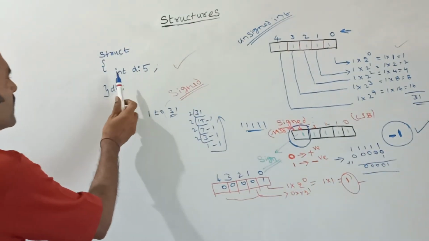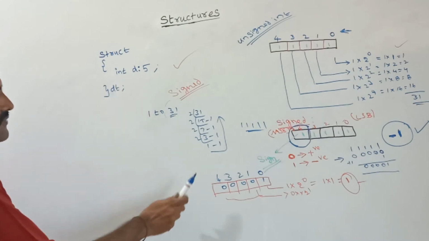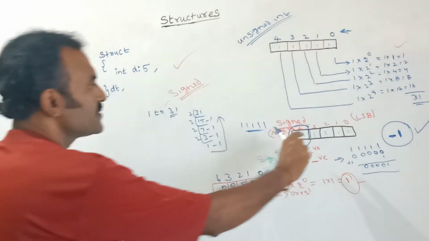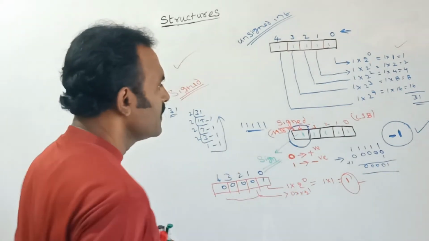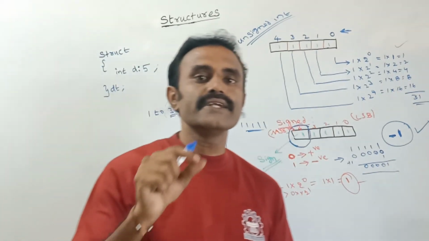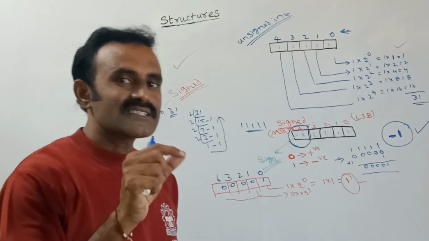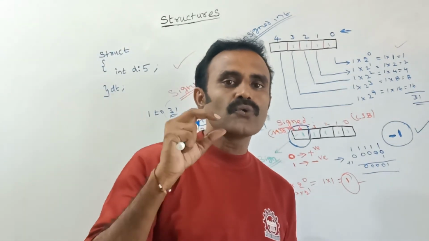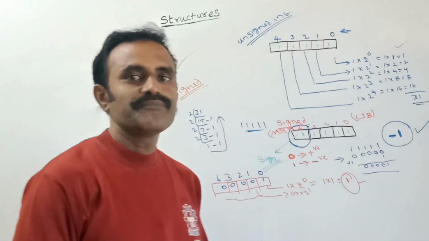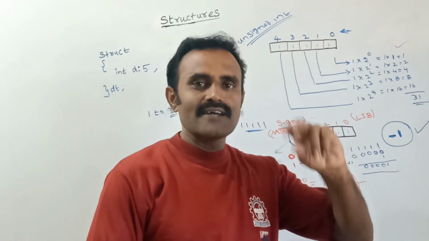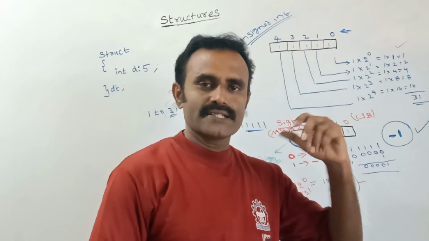Suppose you are using a signed integer, for that we should access this bit, then only the answer will be right. So before we give the data for the structure bit field, we should know about binary numbers, then only we can easily assign the data for that structure member.